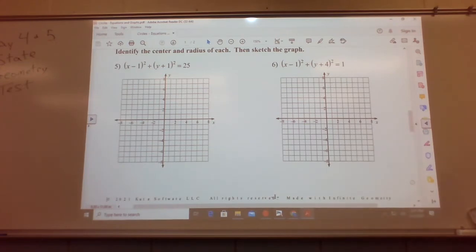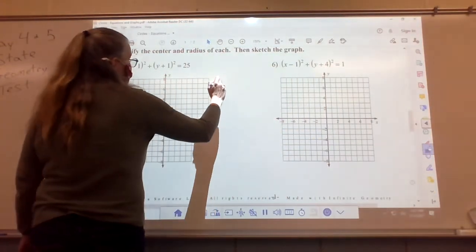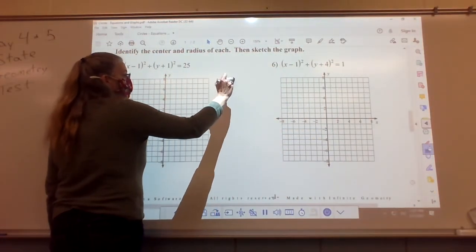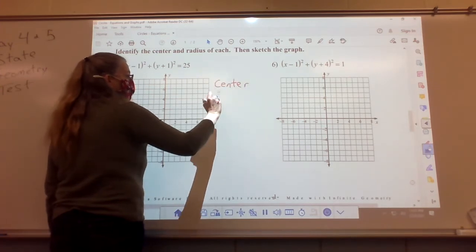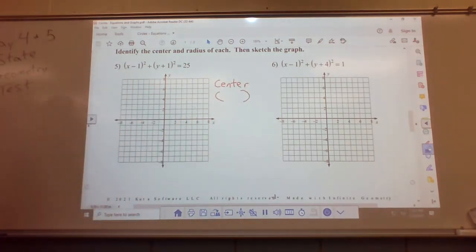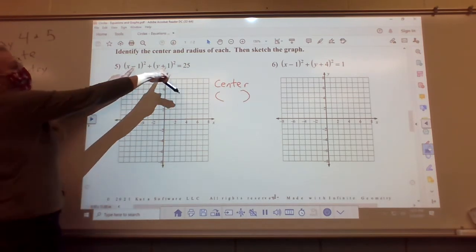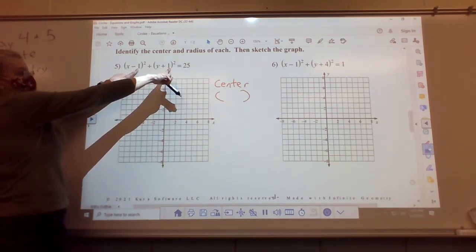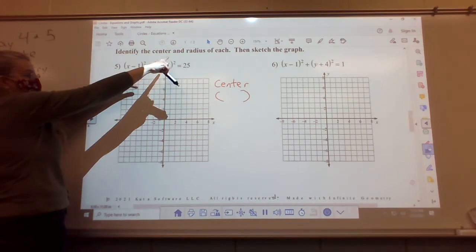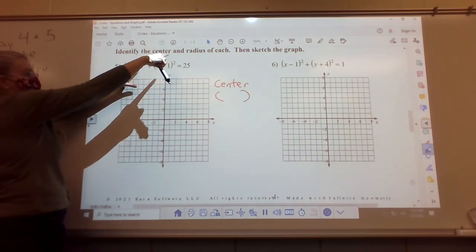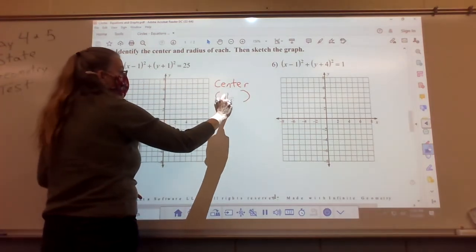So number 5 here. Center. So from my equation, remember the center comes from these, but don't forget to change your signs. So what's going to be the center of this circle? 1, negative 1.